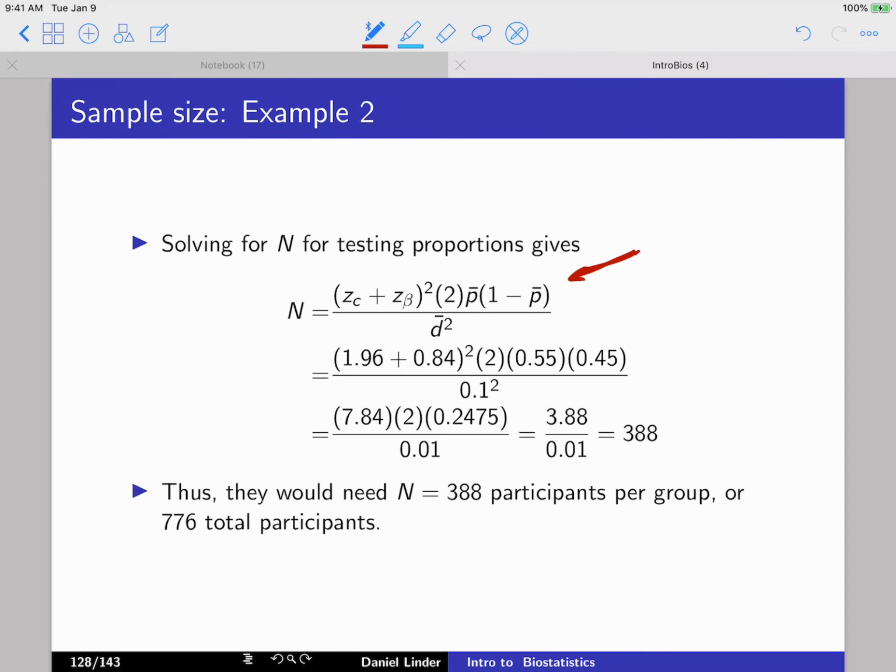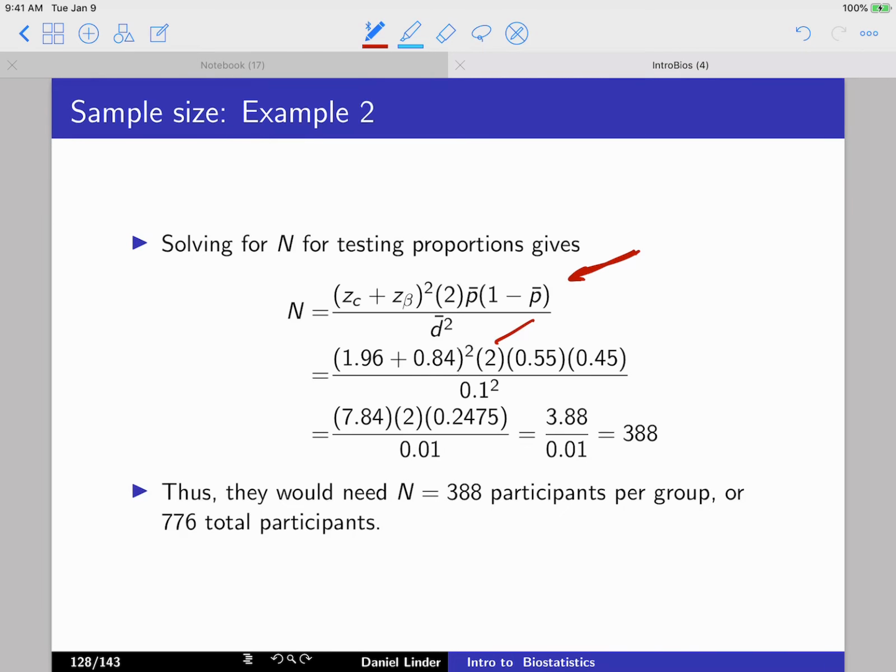All right, everything else is the same. So we've got this Z sub C, and again, if our alpha is 0.05, that winds up being 1.96. Okay, we've still got this Z sub beta, and if we want to have 80% power, then that number winds up being 0.84, just like in the previous example. So I'll take some of this away.